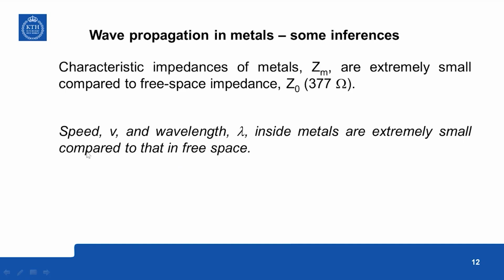Second, speed v and wavelength lambda inside metals are extremely small compared to that in free space. So this is another inference that we can take away. And it has got consequences when we talk about how metals can be used to shield electromagnetic waves. The shielding property of metals that we will see in chapter 5 derives from this property.